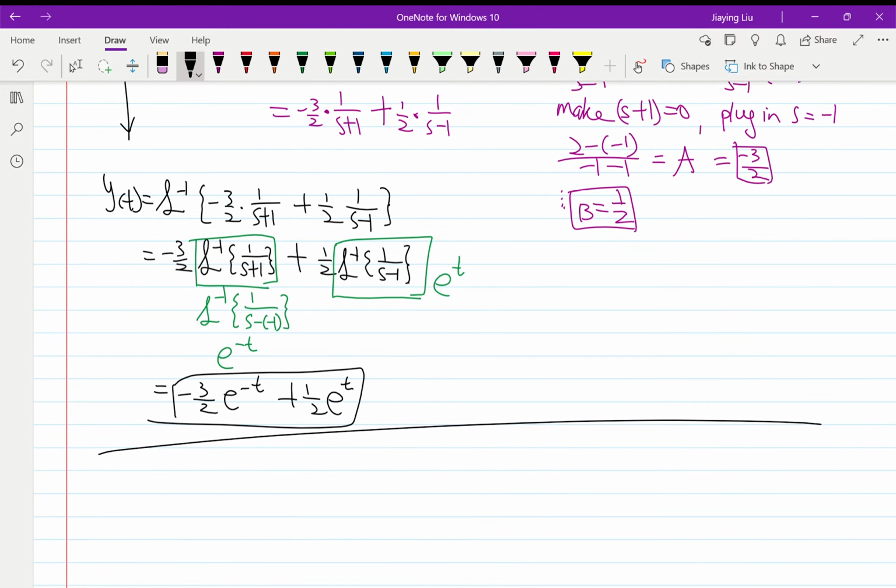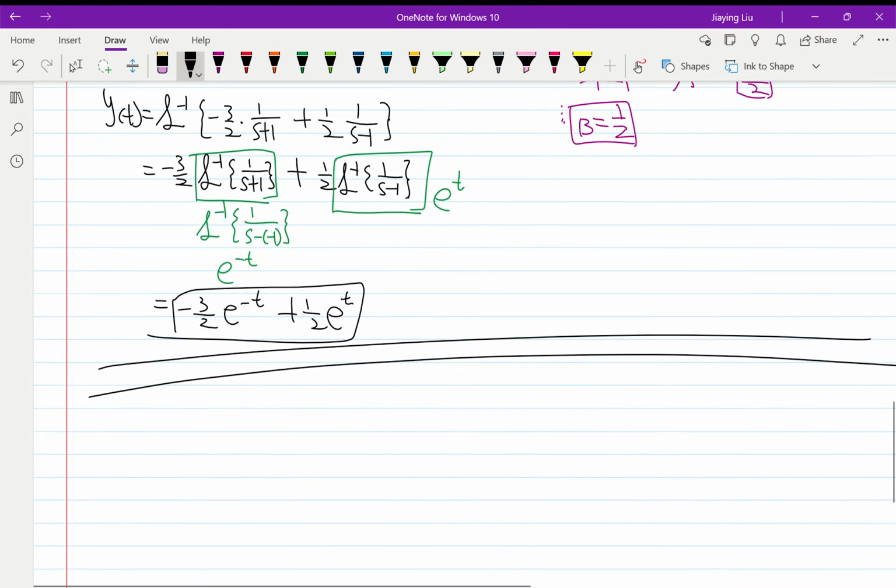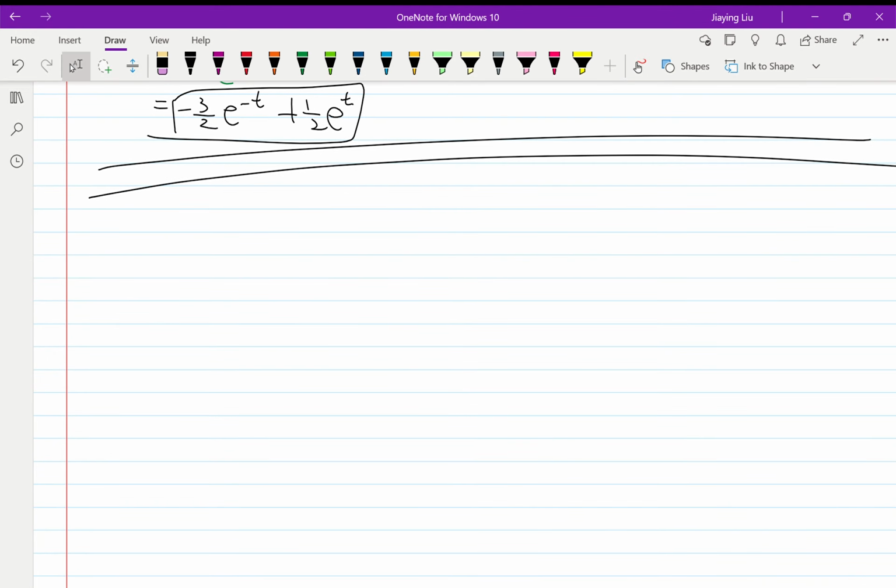Okay. All right. Let's look at another example. Well, not quickly, but it's going to take a while. And then that should be enough. So we're going to solve an initial value problem.